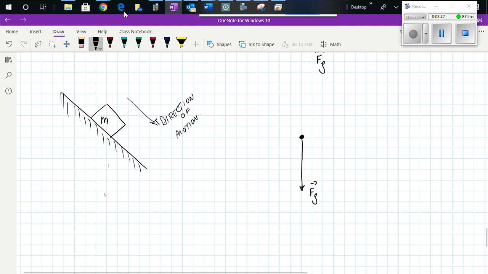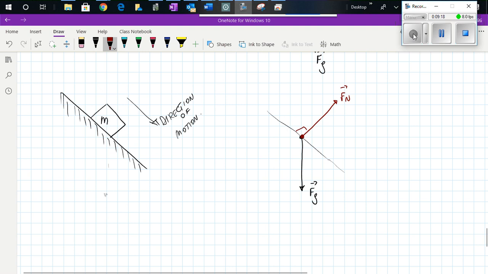And then the object is on a surface, the surface of the incline, something like this. Therefore, we will have a force normal, and what we said about force normal is that it is perpendicular to the surface. So it is starting from the object, perpendicular to the surface. This is force normal. We'll talk about this.